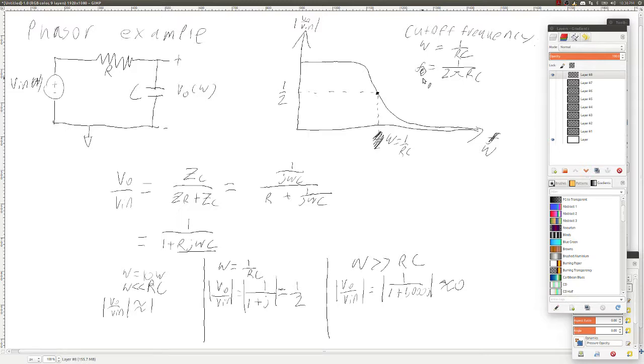So when we come back, we're going to talk about how we can make this simpler and how we can apply it for given frequencies. We're going to talk about magnitude and phase and the easiest way to convert between phasor domain and frequency domain.